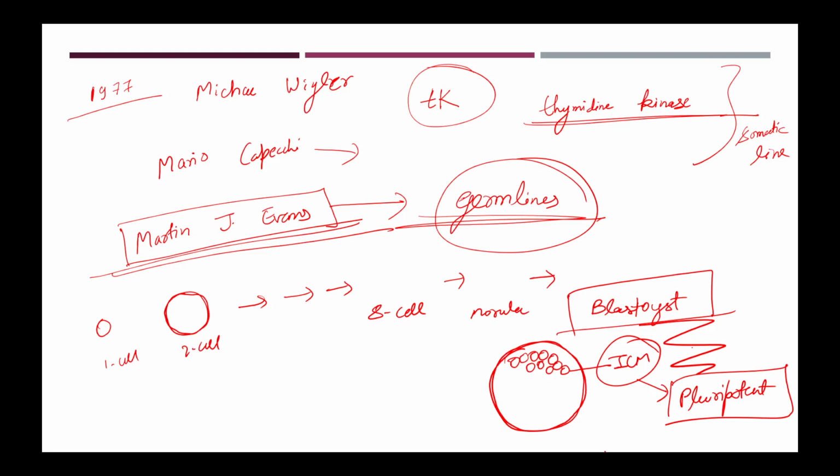So these are the pluripotent cells which he used as germline cells. He introduced these modifications into the genome, and these pluripotent or modified cells he fused into the blastocyst of another mouse. And these are called embryonic stem cells.